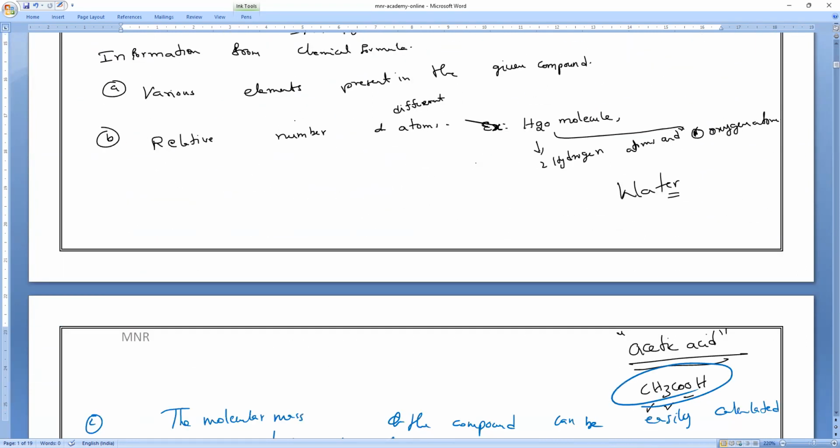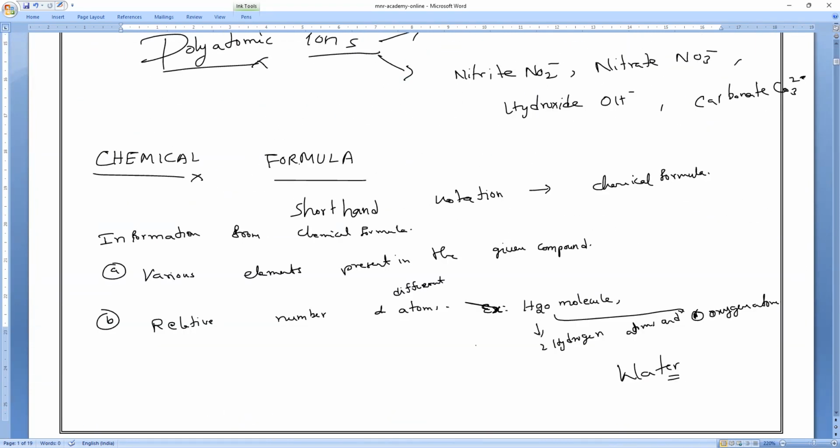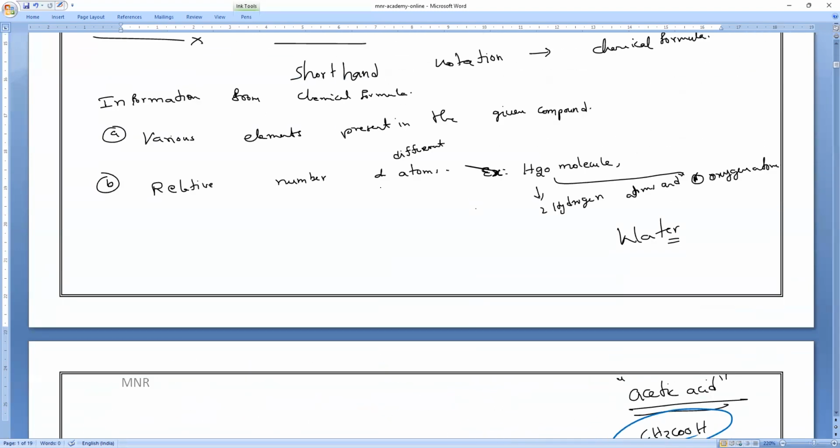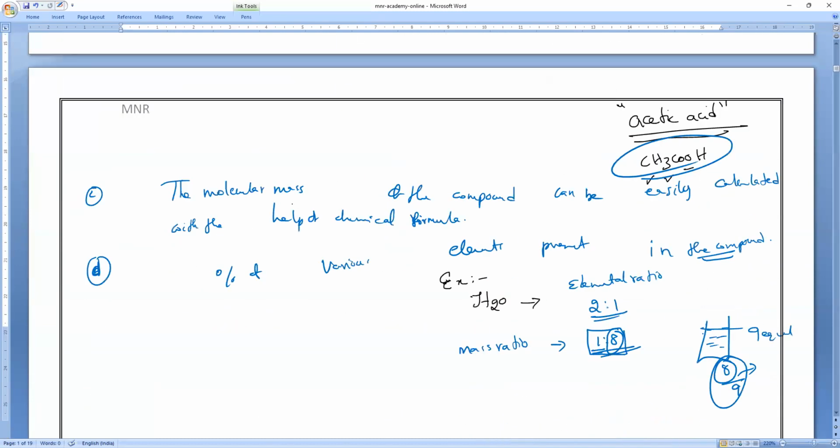And today I started what is a chemical formula. What is a chemical formula? Definition, everybody? A shorthand notation or representation of a chemical compound is called a chemical formula. Its importance: we can get the various elements present, how many of each, and the molecular mass, which we can calculate easily.